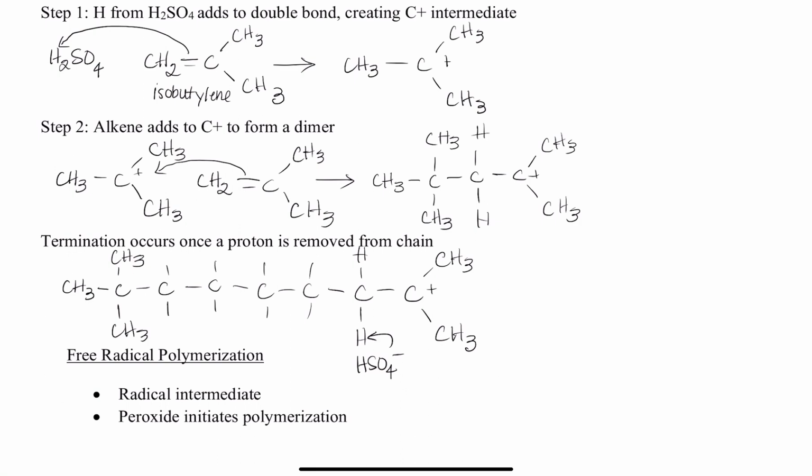So we'd abstract a hydrogen, the bond between our carbon and hydrogen will fold to satisfy our carbocation. So then we'd have all these repeating units over here. And then we'd create a double bond, putting our carbon back into a neutral state. And that is cationic polymerization.